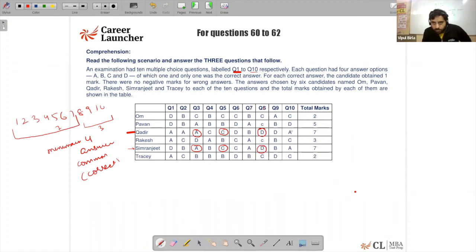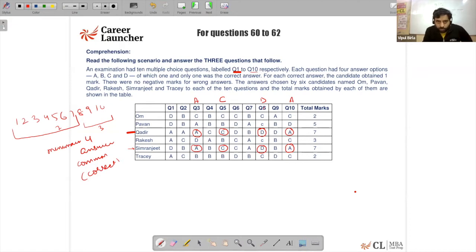And question number 10th, A is the right answer. Okay, so that means I got to know 4 right answers. Let me write it above this. It is A, it is C, question number 8, it is D, and 10th it is A. Okay, so we get to know that these are the 4 right answers.